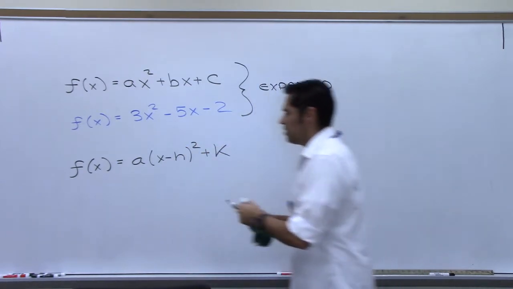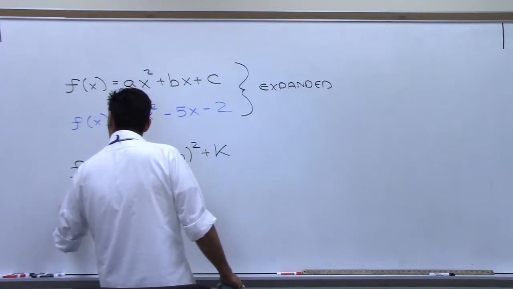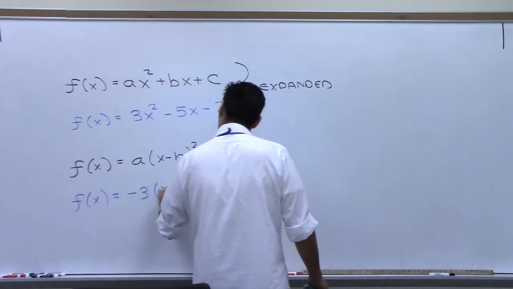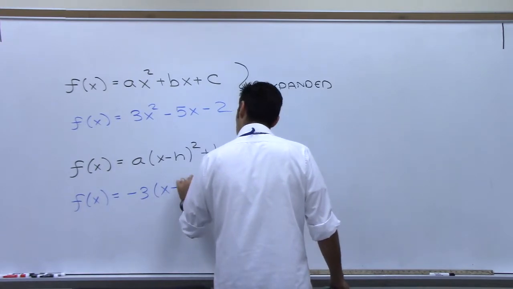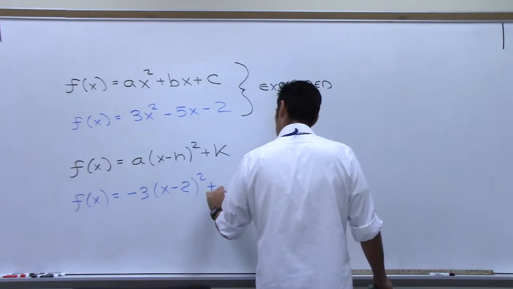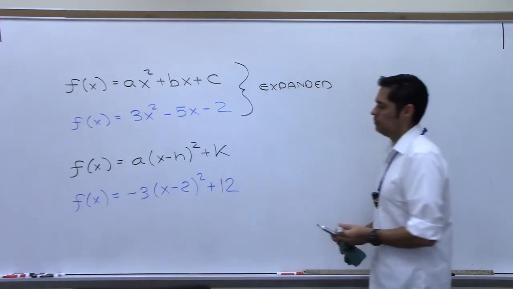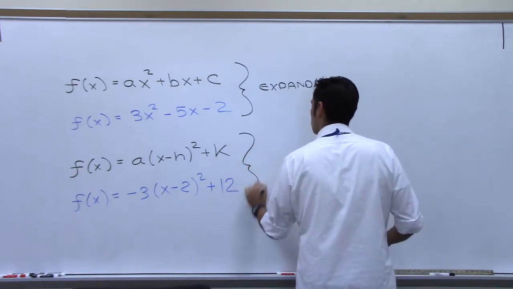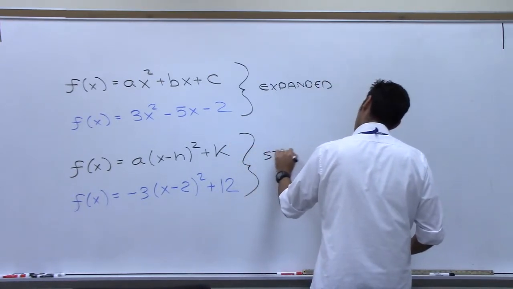An example of this would be f of x equals negative 3 times (x minus 2) squared plus 12. And this is called standard form.